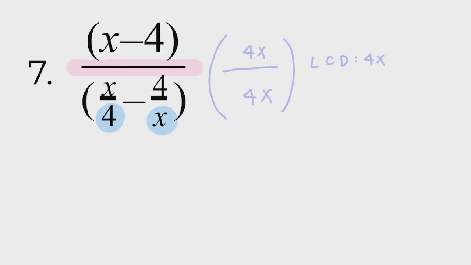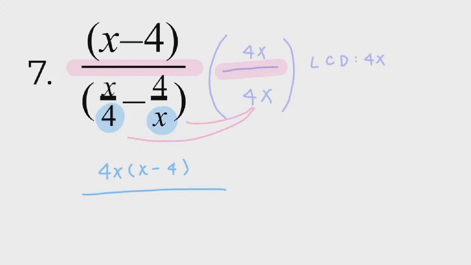And if it helps, this pink line is going to be what separates the numerator and denominator. So in the numerator, we're multiplying x minus 4 times 4x. And in the denominator, we're multiplying 4x and distributing it to each of these.